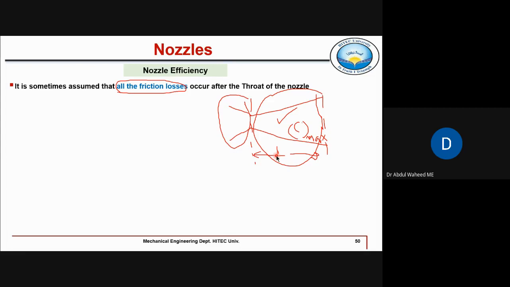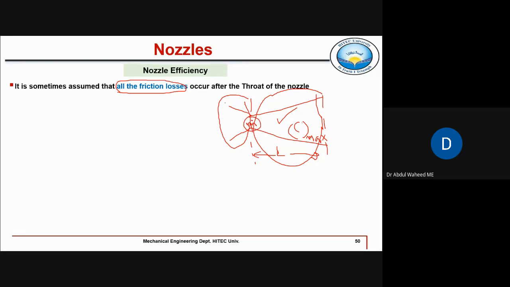All right. So in other words, we have neglected the frictional effect in the convergent section, and the convergent section is actually responsible for the flow rate. We have already studied that this m dot through a nozzle is actually defined by the throat, right?